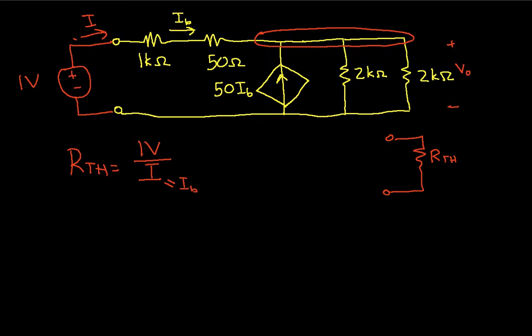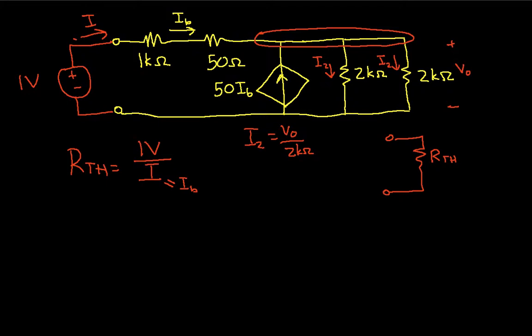In terms of V0, we can then say that the current that goes through this 2 k ohm resistor, we'll call this I2, as well as the current that goes through this other 2 k ohm resistor. Since they have the same voltage across them and they're 2 k ohms, it'll be the same. I can write I2 as V0 over 2 k ohms.